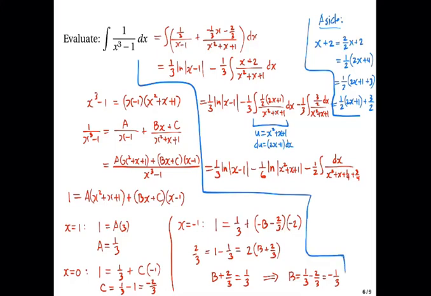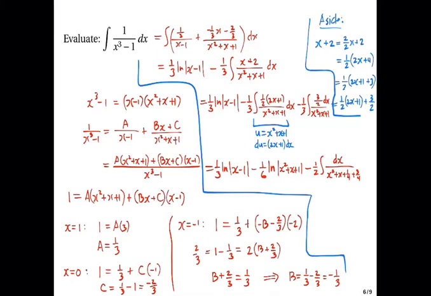All right. So let me work on this here only. So we will have minus 1/2 integral of dx divided by (x plus 1/2) squared plus 3/4.